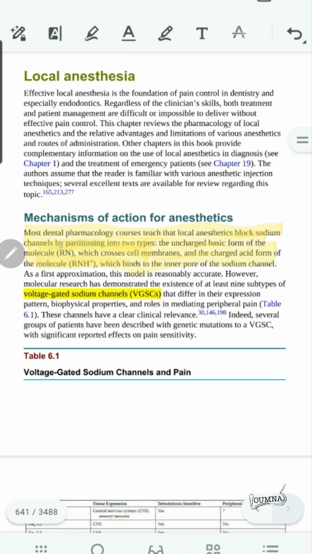So the RN molecules cross the cell membrane, blocking the action potential and preventing the sodium from entering. So they are responsible for the mechanism of the anesthesia.